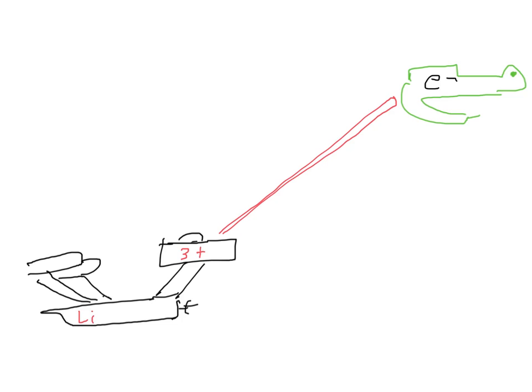Not a very strong tractor beam. What happens as we move across the period to carbon? Carbon has 6 protons in it. The charge on its outermost electron, however, is still 1.